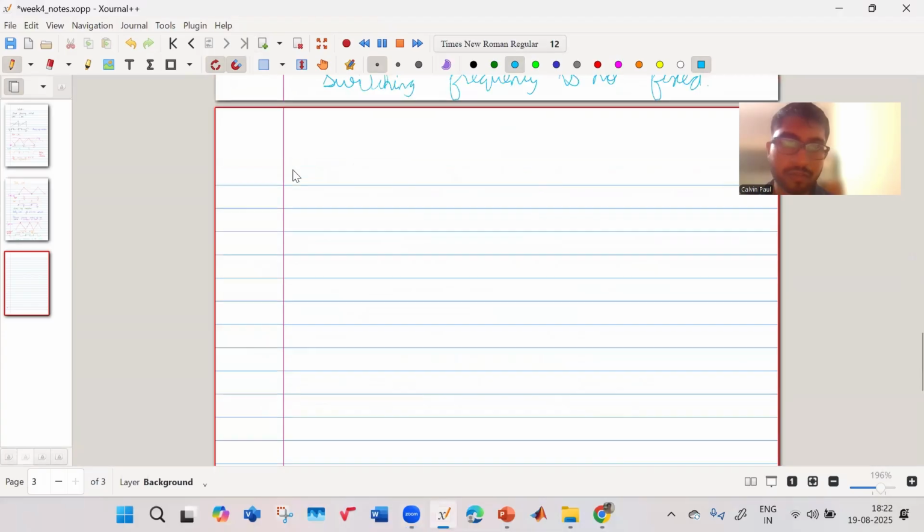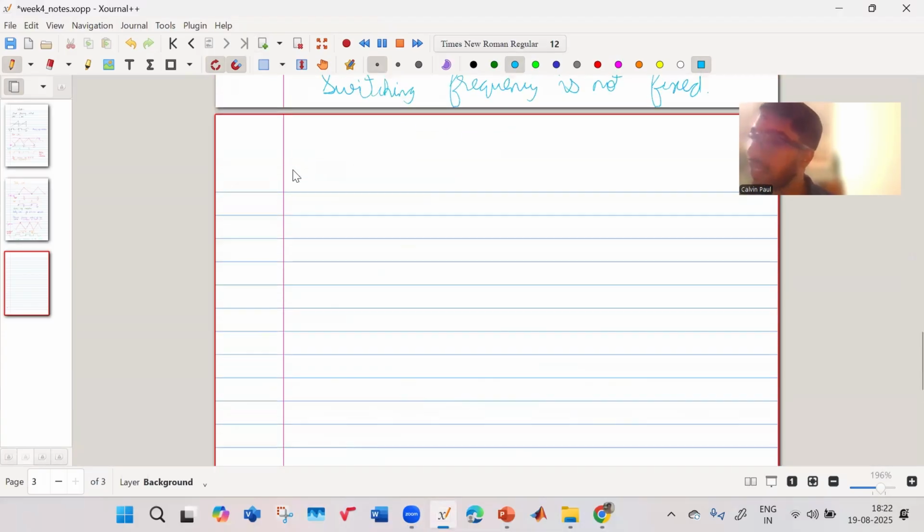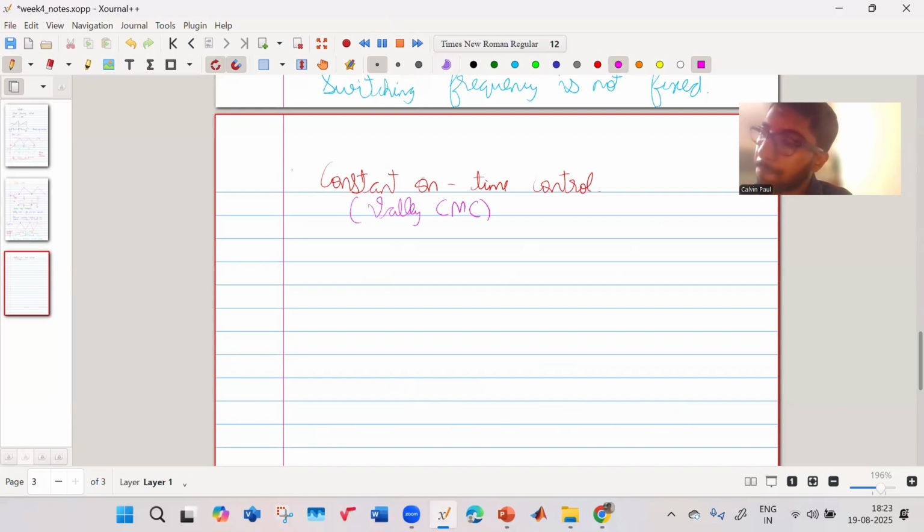The next page. So next we have constant on time control. Constant on time control is similar to valley current mode control. Okay.